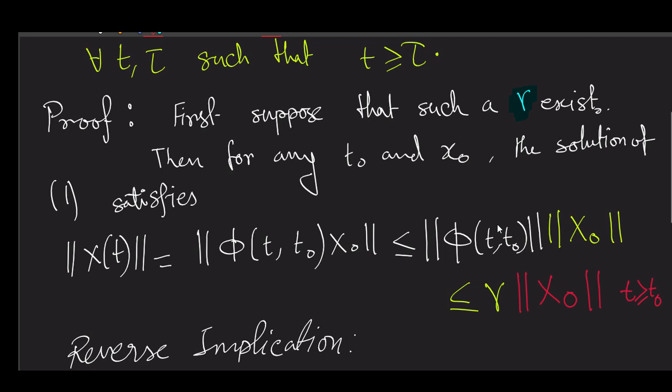Then for any t naught and x naught, the solution of 1 is equal to, we know this is a very standard thing.